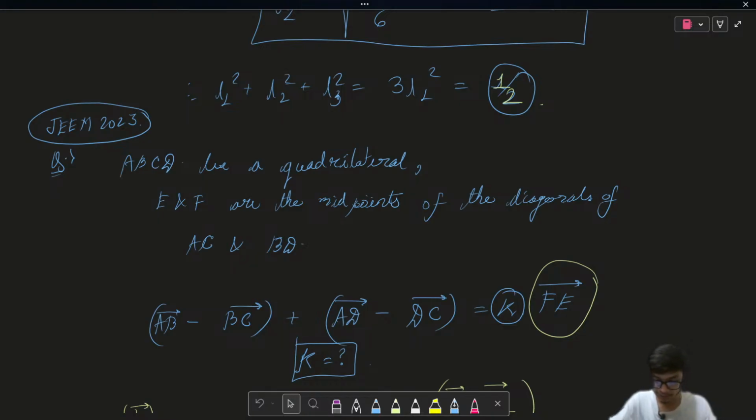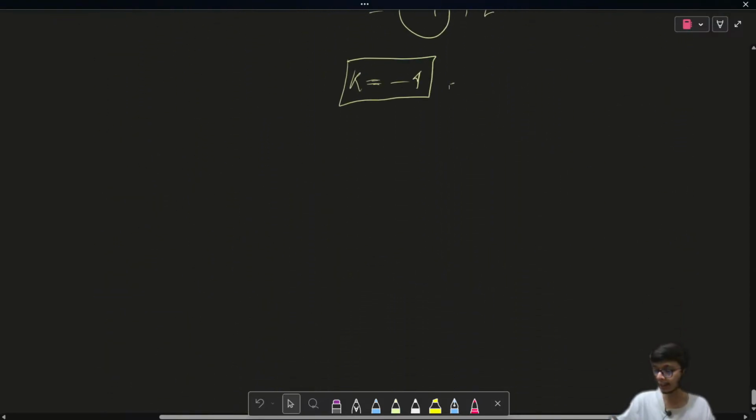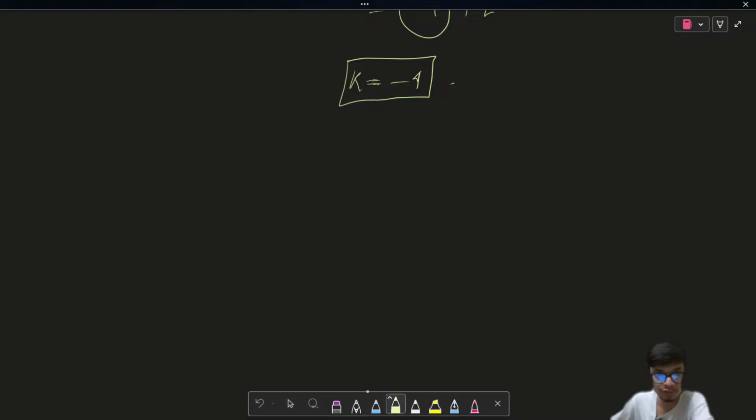Before we start, I want to discuss one more problem that is quite important, and especially if you are preparing for the IIT examination, these kinds of problems are really interesting concept-wise.